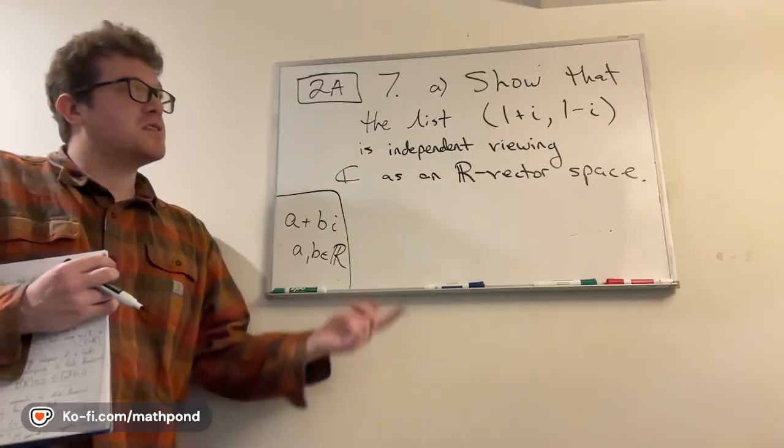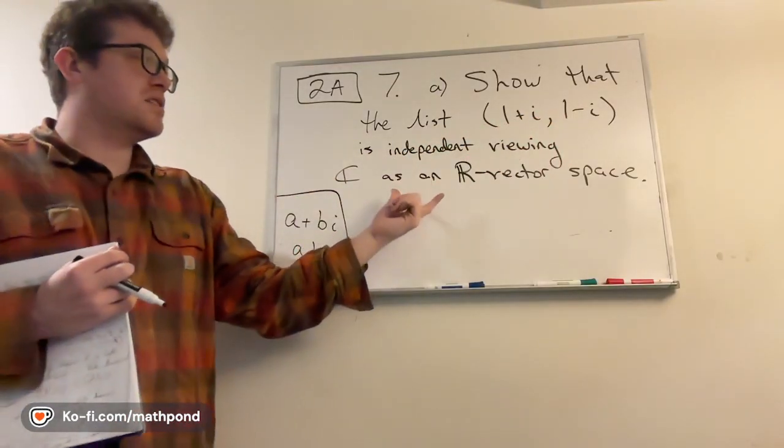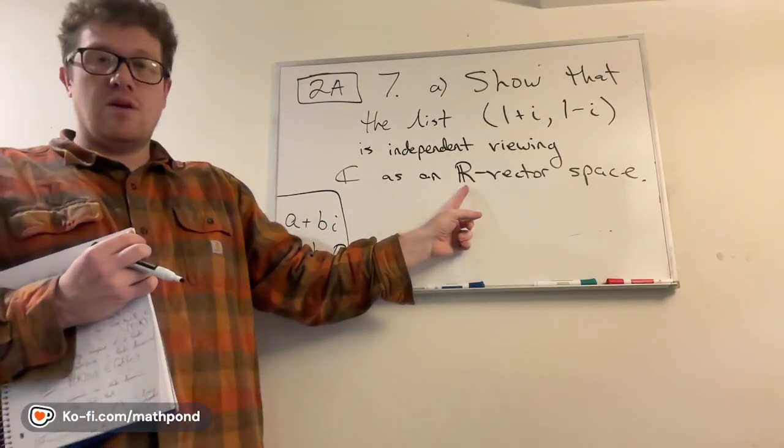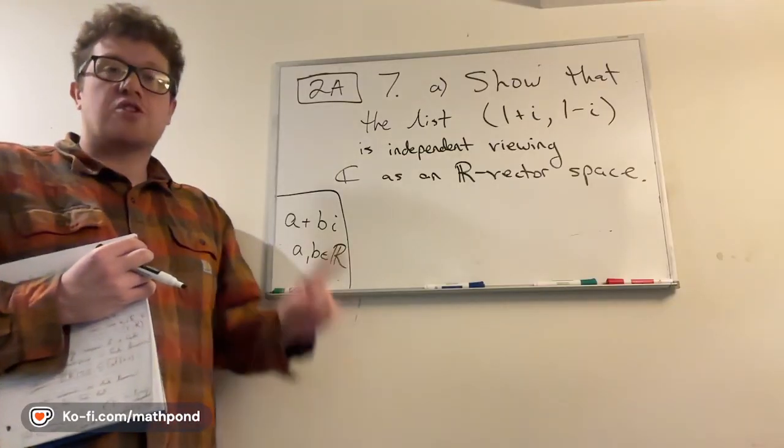So you have this list of two vectors. We want to show that it's linearly independent, but we're only allowed to take linear combinations with coefficients in the real numbers, which is actually important here.